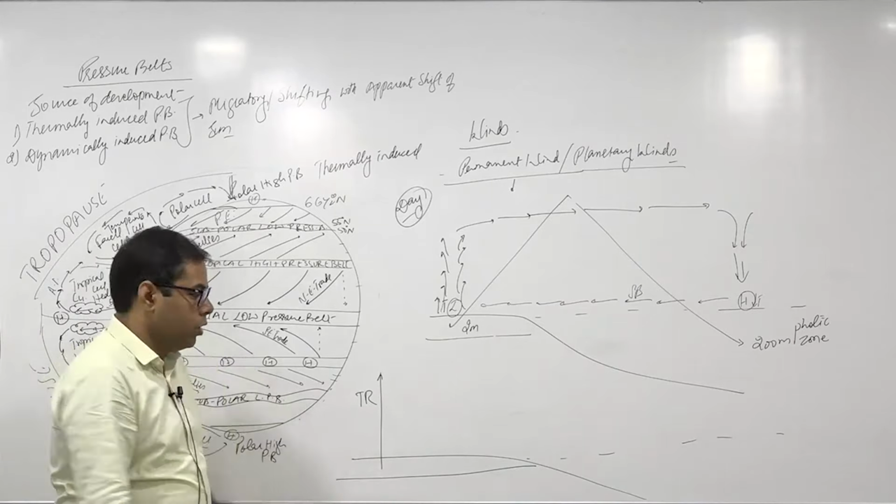Now then, the conditions for the development of an air mass. So these conditions are, number one, there should be a homogeneous surface. Homogeneous surface means a uniform surface.